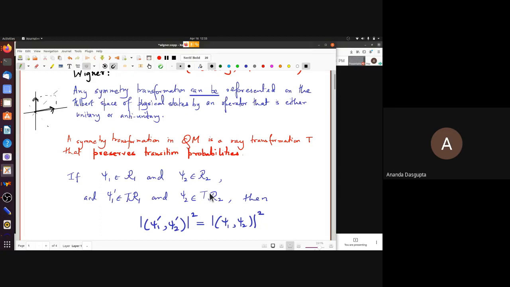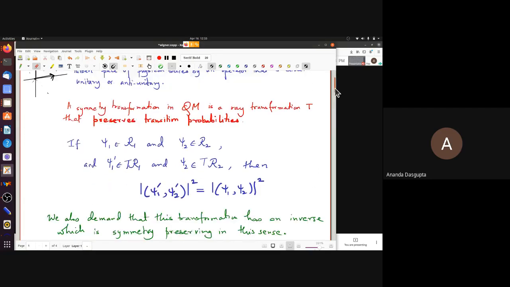And the basic idea about quantum mechanics is that the probability amplitudes will not change under a symmetry transformation. That is exactly what a symmetry transformation is defined as. So the basic definition of a symmetry transformation would be that, whatever rays you choose, you ultimately must end up with this result.